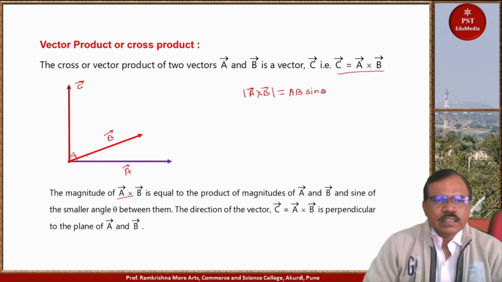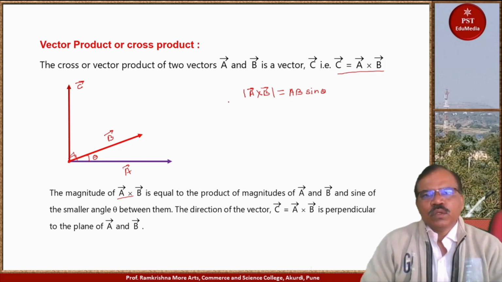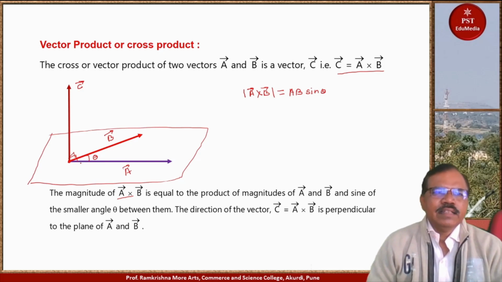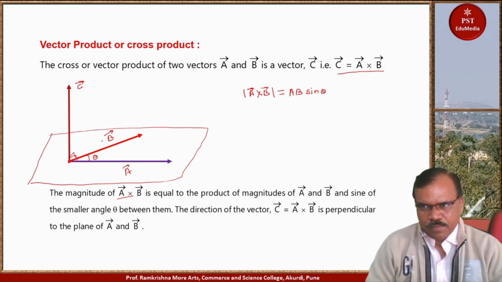So here this is angle theta. So magnitude of A cross B is equal to AB sine theta. Suppose we take this as a horizontal plane and A and B are in this plane, then C is perpendicular to this plane.